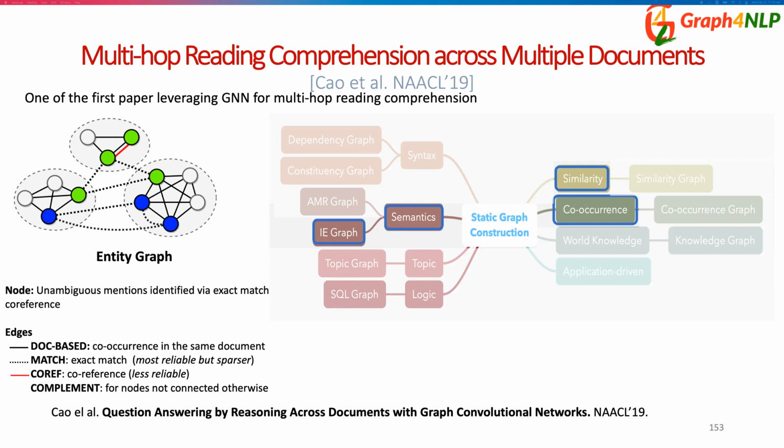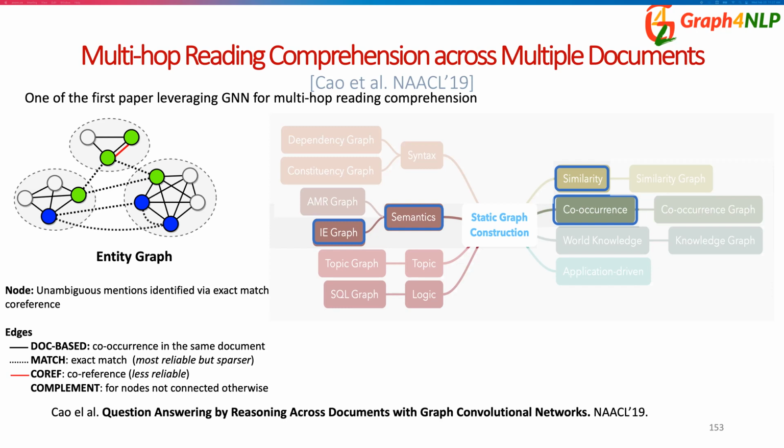As you can see from the graph here, we basically have 4 types of entities and 4 types of edges. The solid black edges are the document-based ones, which basically means the 2 nodes co-occur in the same document.